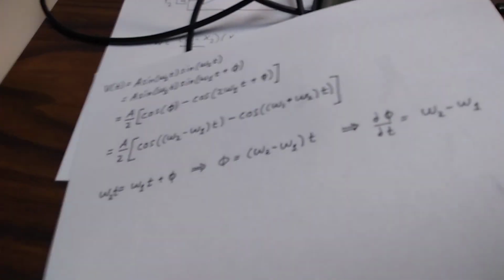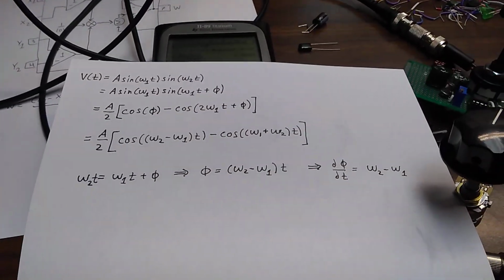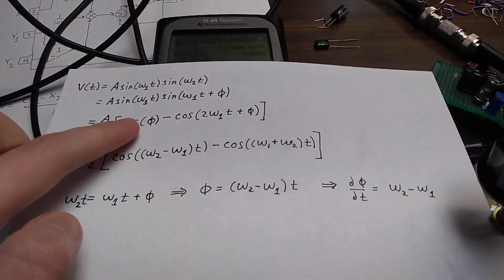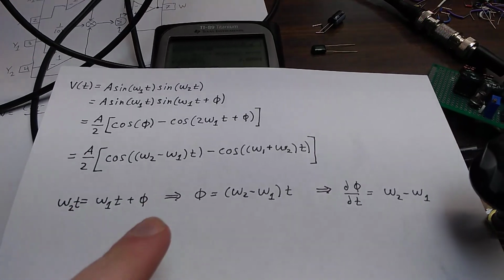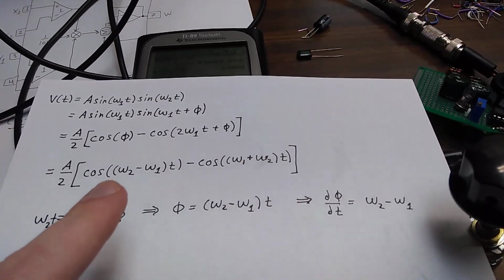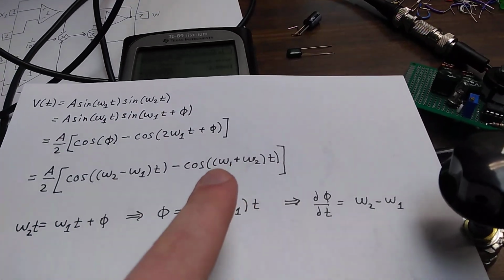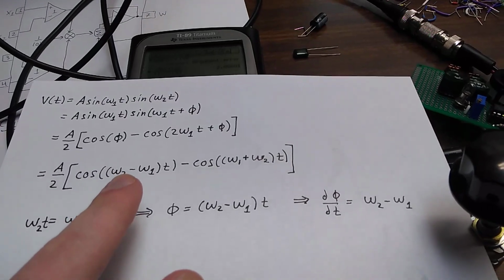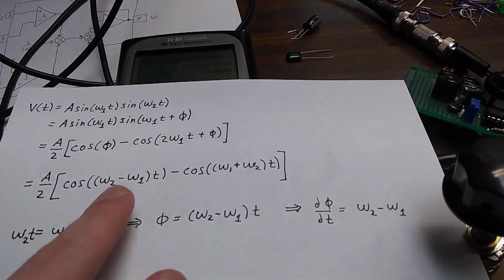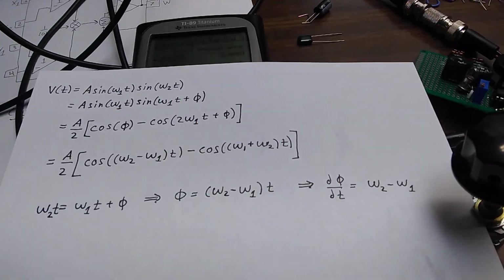The last thing I wanted to talk about is that using this formula, we can derive this formula just by plugging in phi. And this is useful because it shows us that multiplying two sine waves generates some linear combination of sine waves with two frequencies that are the sum and difference of these two frequencies.